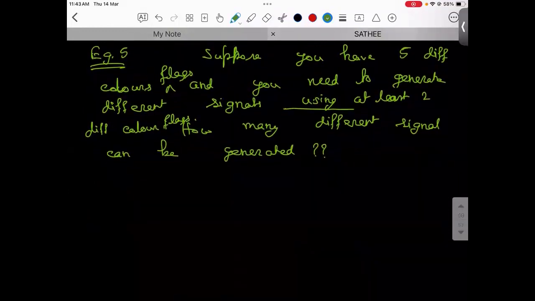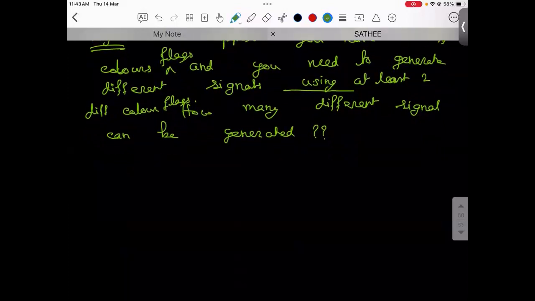So you have 5 different color flags, and you have to use those to make a signal. For that, you need to use at least 2. So at least 2 means you have different cases. One case is you have to use 2 different colors.